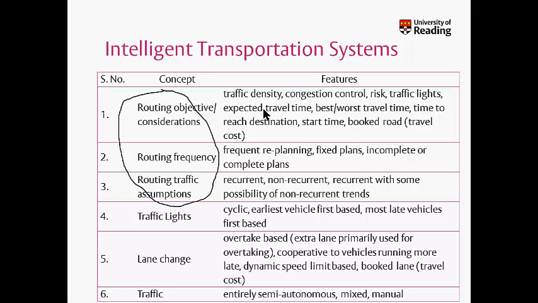Now, in this particular branch, we've been more or less consistent. We have proposed, in multiple scenarios and in multiple ways, how this can perform, but we can mix and match. We can have an algorithm that computes the start time and the route depending upon the recurrent nature of the traffic.